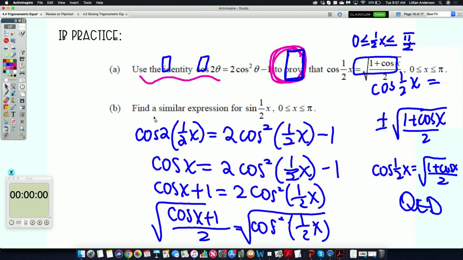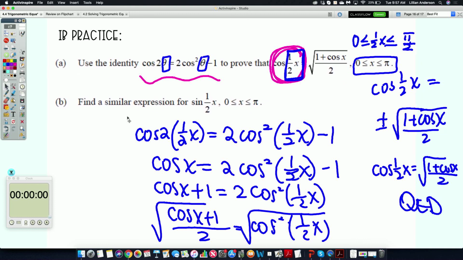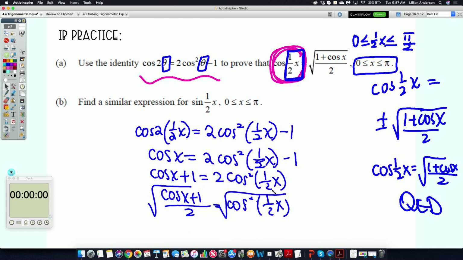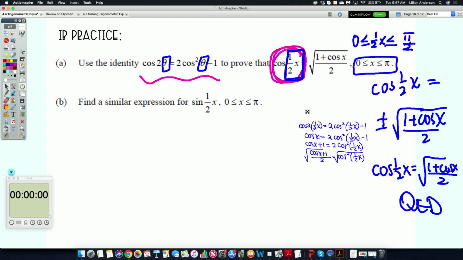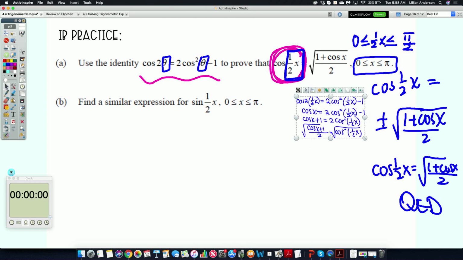To find a similar expression, what could I do? Not 2 sine theta cosine theta. We want to still stay in the double angle for cosine.